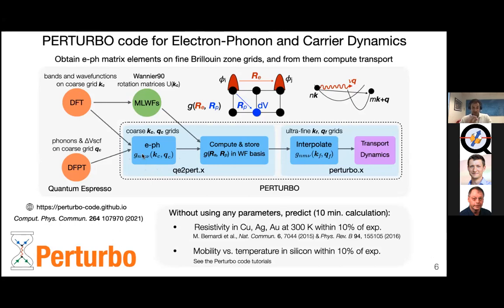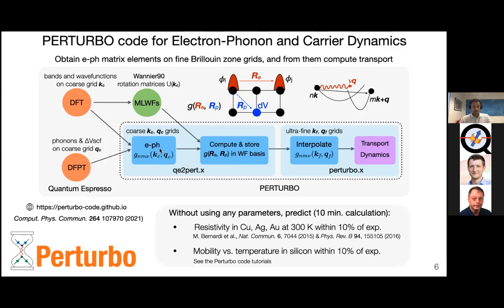And then, and this is the key challenge, we can interpolate them onto extremely fine grids in momentum space, which are needed to fully converge the scattering processes and the transport properties. The typical grids that are used are of order 100 by 100 by 100 or more points in the Brillouin zone. And so direct DFT calculations are out of the question.